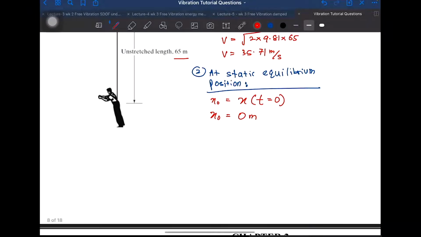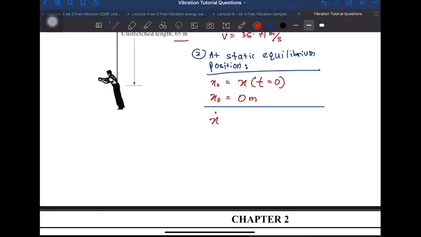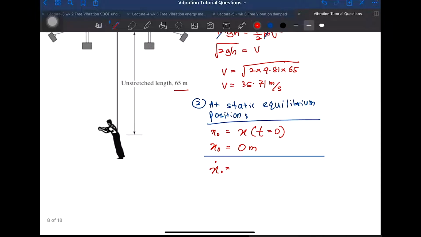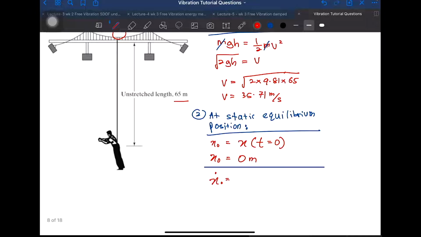All right, and for the velocity, the initial velocity is at the point that the guy started jumping. When the guy started to undergo the free falling situation, that is the initial velocity before he reached the bottom of the bungee rope.